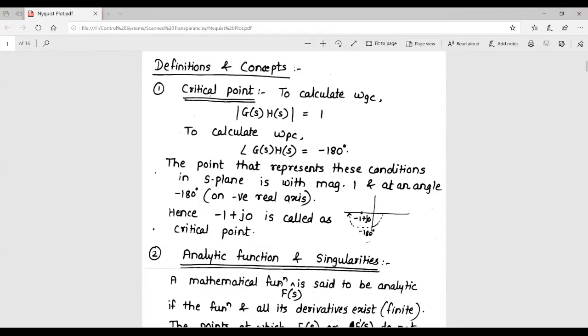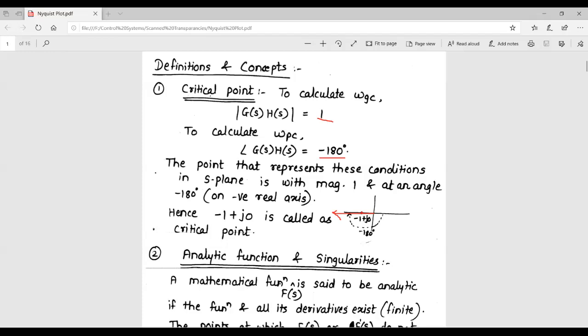When angle is minus 180 degrees, the point must lie on negative real axis, because only this line corresponds to minus 180 degrees in S-plane. On this negative real axis, the magnitude has to be 1. So the point minus 1 plus J0 corresponds to the point where both conditions are satisfied. So this point is known as critical point.